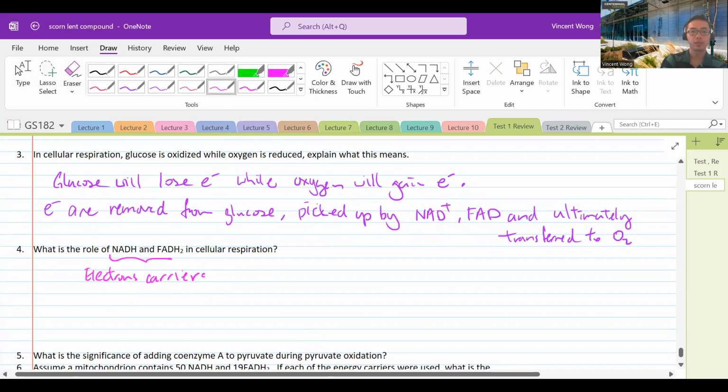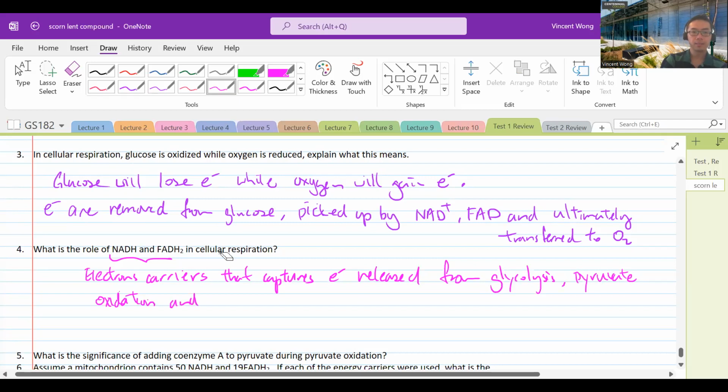They are electron carriers that capture electrons released from glycolysis, pyruvate oxidation, and the Krebs cycle. The electrons are deposited onto the ETC.